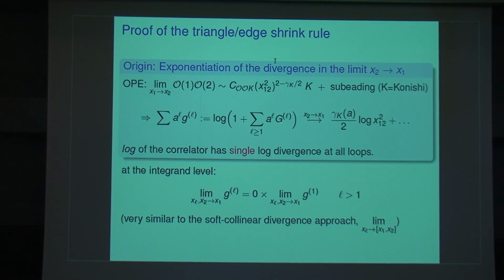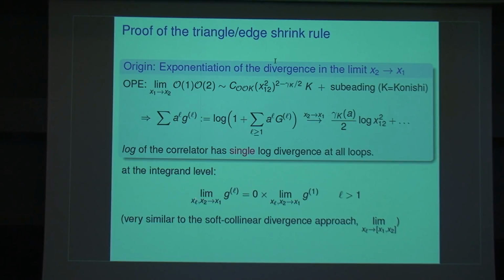So the correlation function itself at L loops would have log to the L x12 squared divergence. But the log of the correlation function only has a single log divergence, just as we saw for infrared singularities of the amplitude. So again, you can examine this at the level of the integrand, just as these guys did for the infrared divergences.